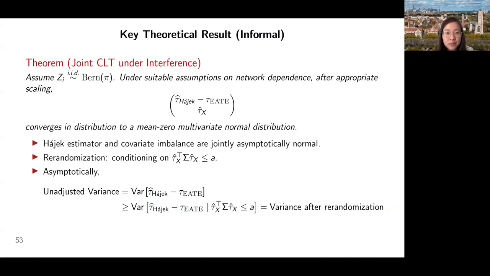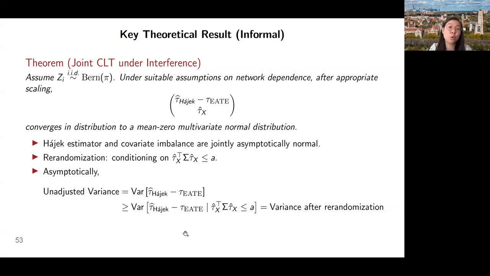So what is the variance if we don't do re-randomization? The variance of the estimator is basically the asymptotic variance of this thing here. What is the variance after we do the re-randomization? This becomes the conditional variance of this term, conditioning on this thing being small. And because of the multivariate normal distribution property, this is always going to be smaller than or equal to the variance of this.